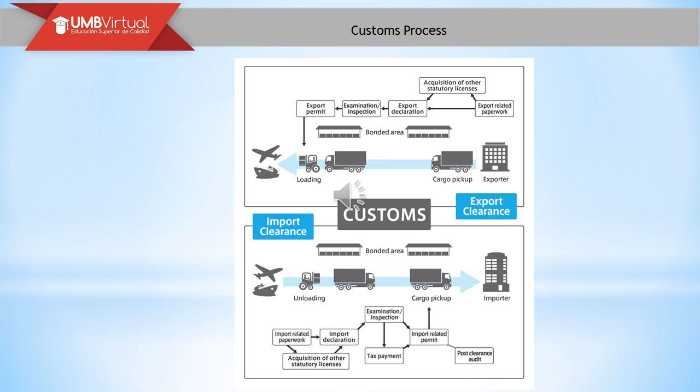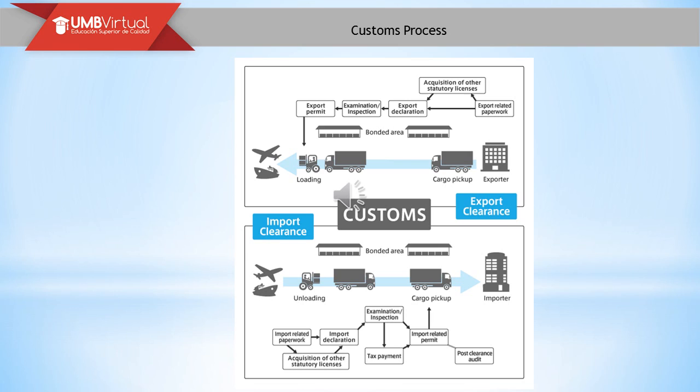Now I'm going to talk about customs. The customs process in the exportation is: the goods leave from the exporter by cargo pickup. If we need some licenses, we get them.